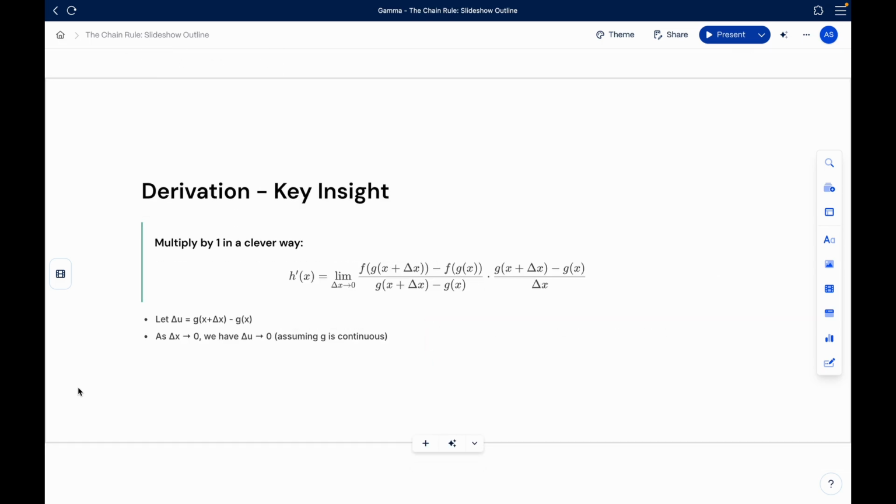Now this is probably one of my favorite parts of the entire proof, as it's in fact extremely clever. And when I first tried to prove this myself, a long time ago when I learned this, it was almost like a eureka moment.